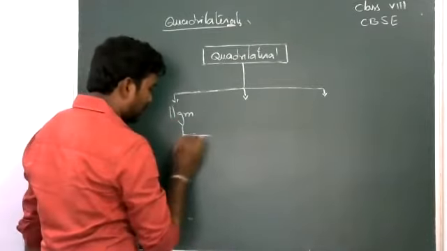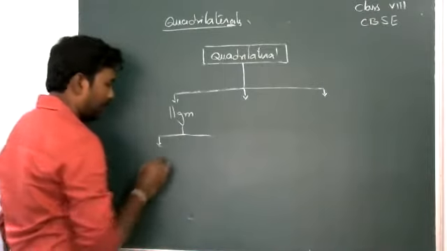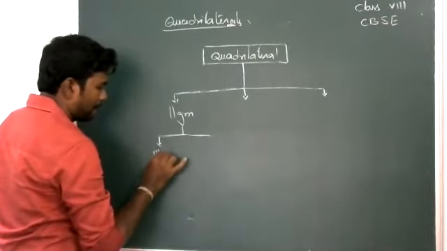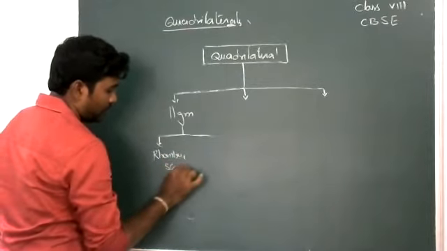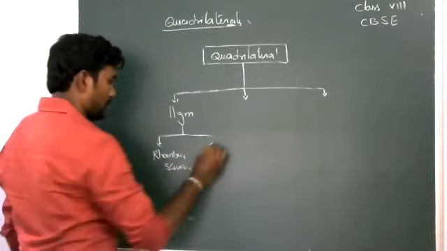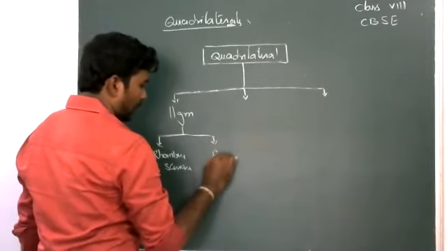Again, parallelogram can be divided into rhombus, square, rectangle.